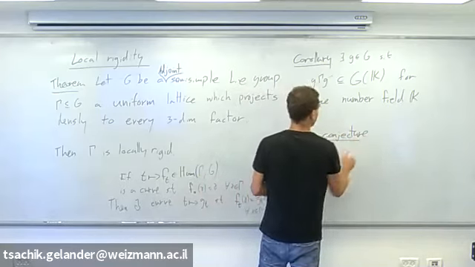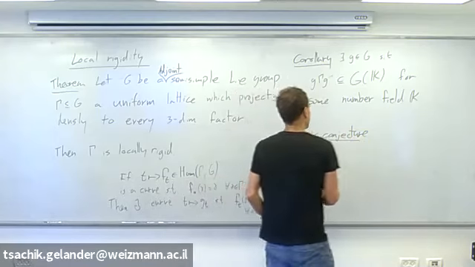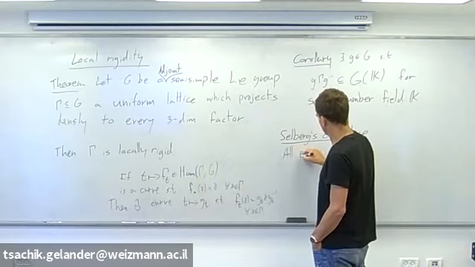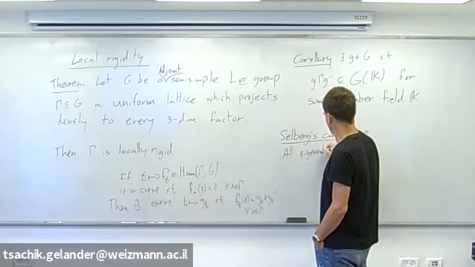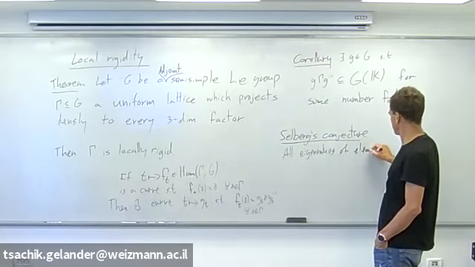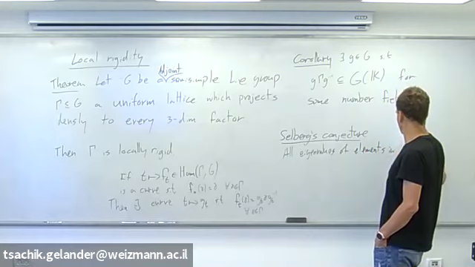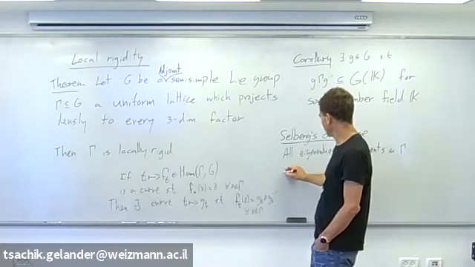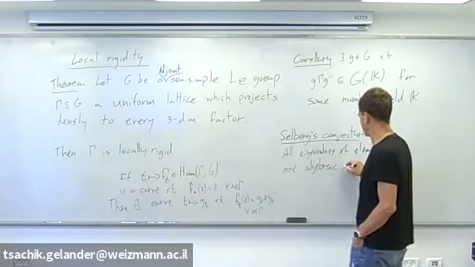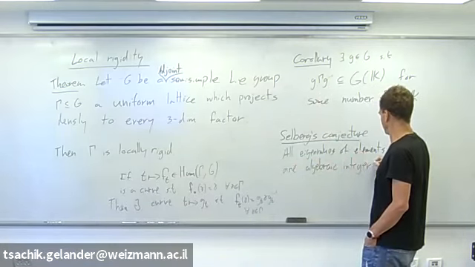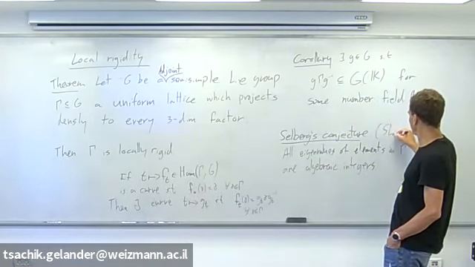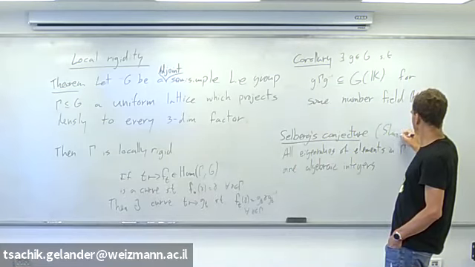He conjectured that all eigenvalues of elements in gamma are algebraic integers. So Selberg's conjecture, maybe let's say for SL_n, where n is at least 3.